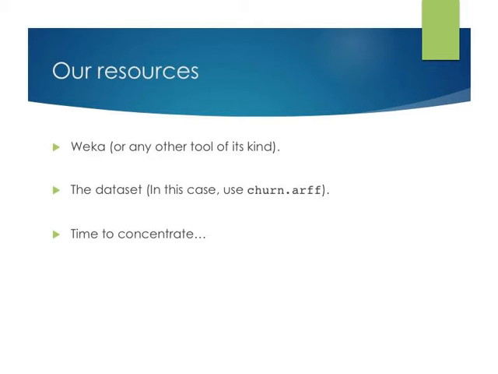Also, we need, of course, the dataset. In this particular case, we are going to use a file that is named churn.arff. And if you remember, ARFF files, which means attribute relation file format, are already in the format that Weka needs to be imported.